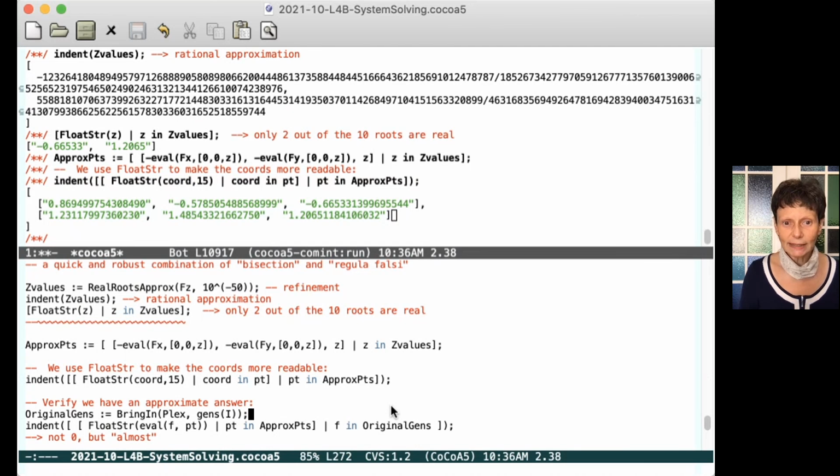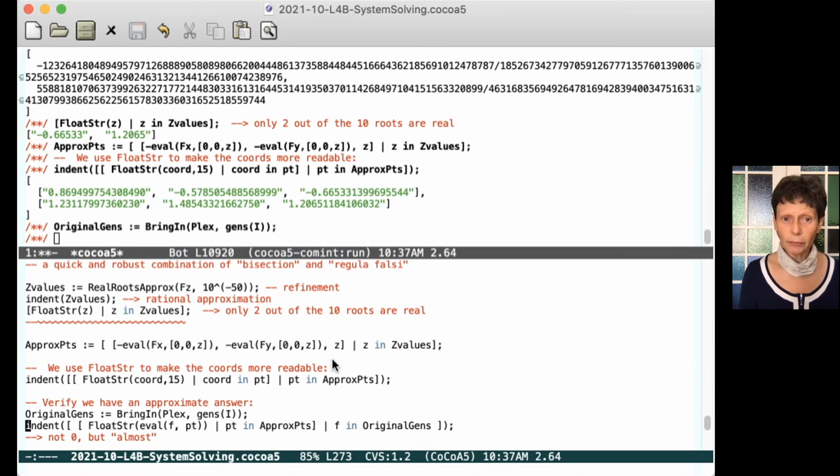Can we verify the answer? Well, we cannot verify it exactly because these are not rational points. We already know these are not rational points, otherwise we would have known by the factorization. So we know that these are not the exact solution because these are rational numbers.